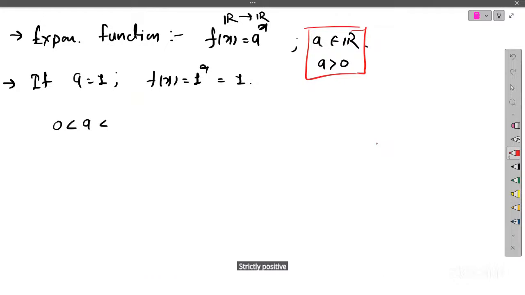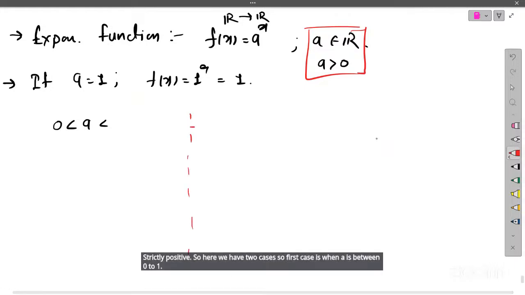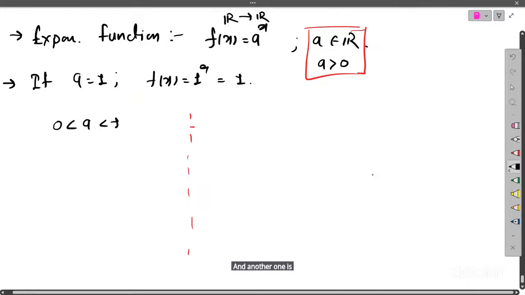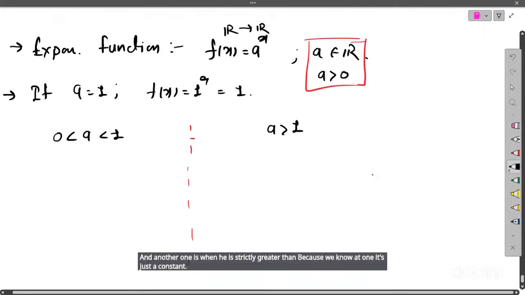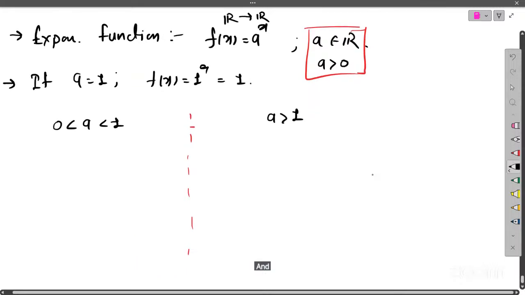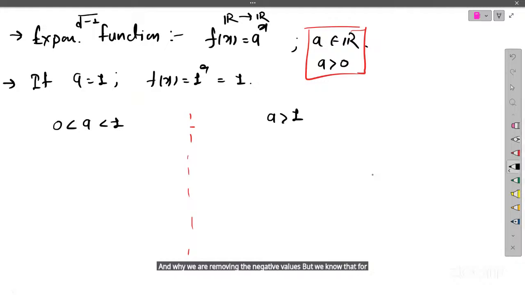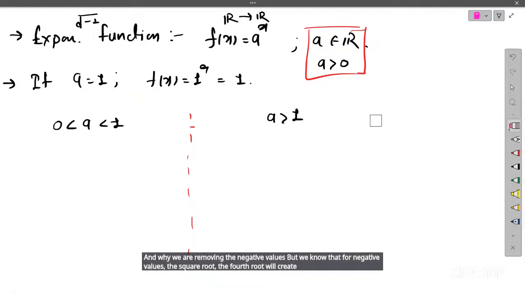Negative values would give us complex numbers, or it wouldn't be defined. So we stick with positive numbers.